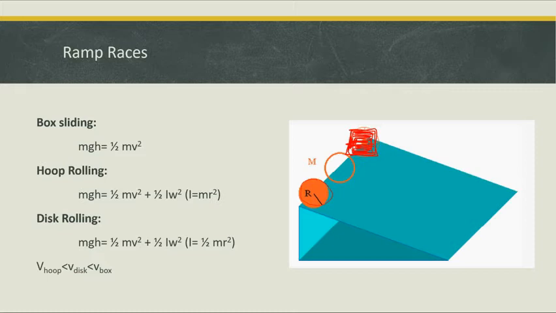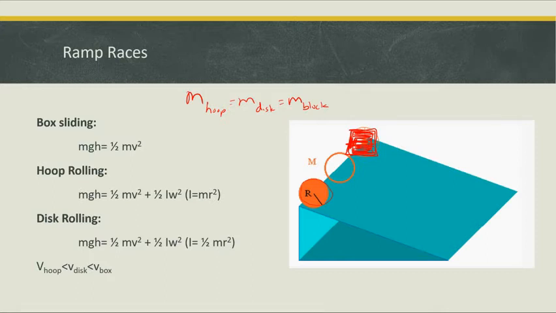At the very beginning, say these all have the same exact mass. So the mass of the hoop is equal to the mass of the disc, and that's equal to the mass of the block, just so that it makes it easy.